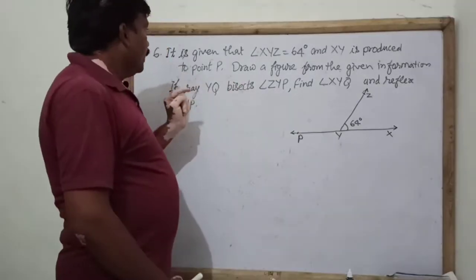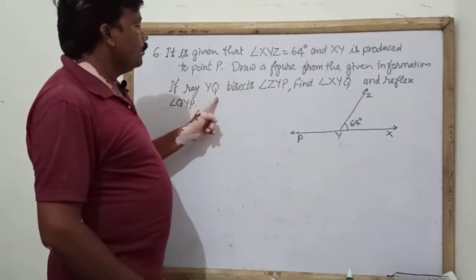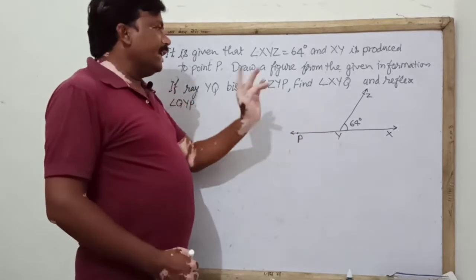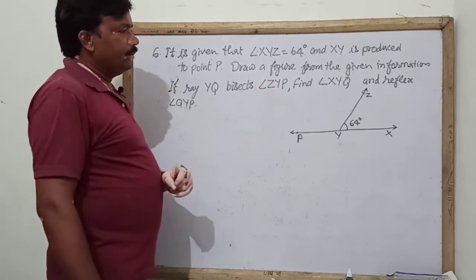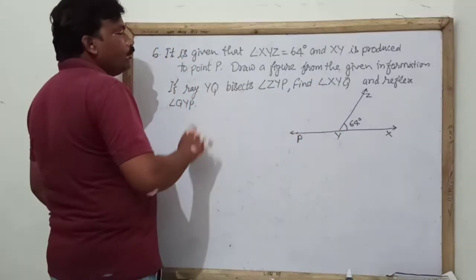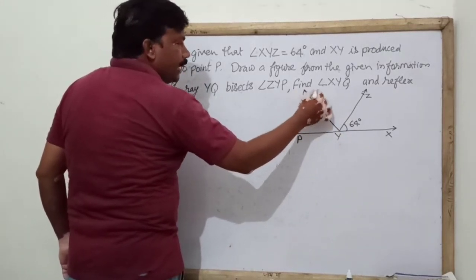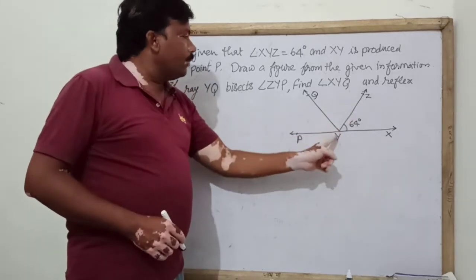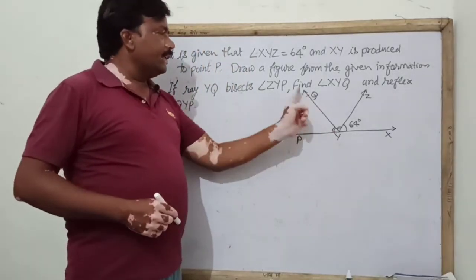Now, next information is that if ray YQ bisects angle ZYP, this angle, then there will be another ray YQ which bisects angle ZYP, means this angle equals this angle, because this ray bisects this angle.